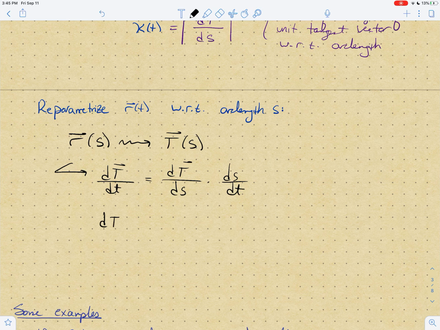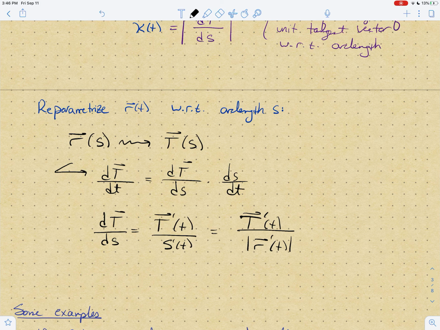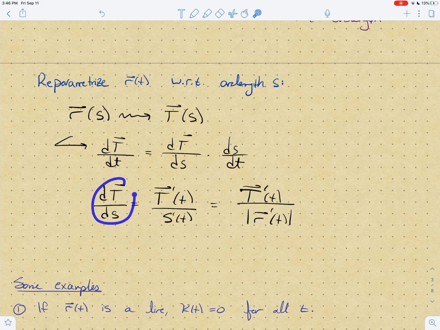And so the point is dT ds is exactly, well, we can think about this as just T prime over s prime. And so this is exactly T prime of t over s prime of t. But now, remember, when we talked about arc length, the arc length function, we said s prime is just the length of r prime. And so this becomes T prime of t over the length of r prime of t. And so that's dT ds.